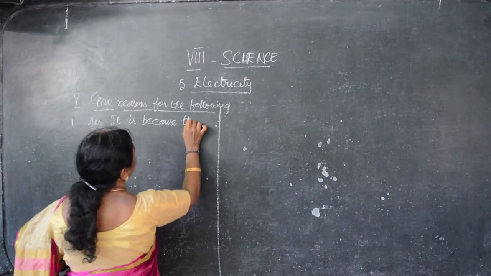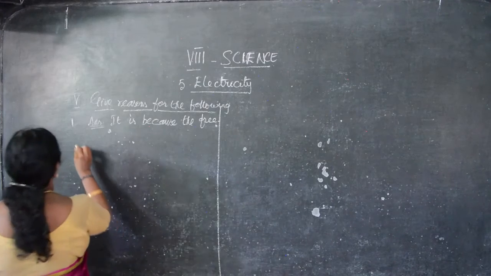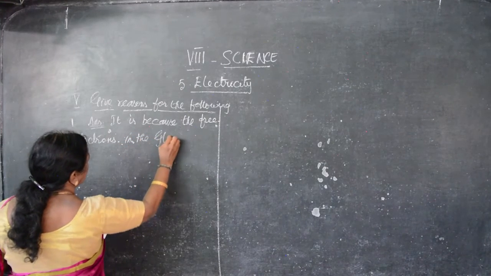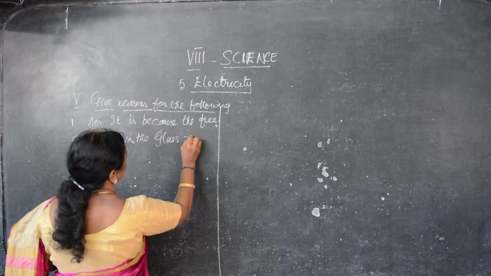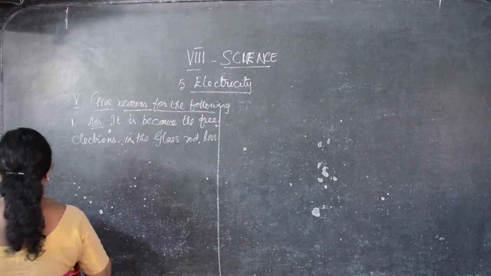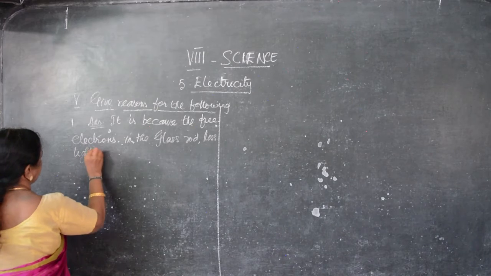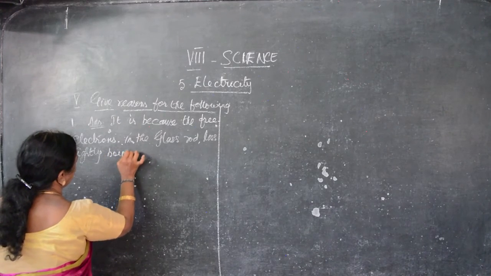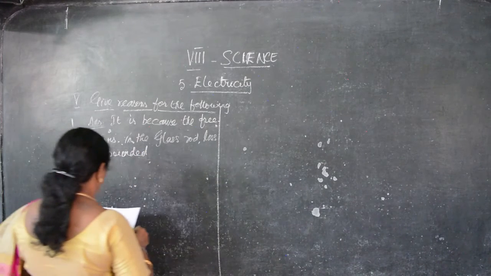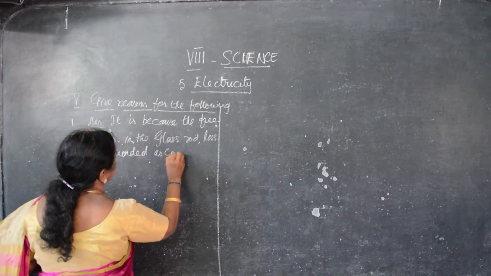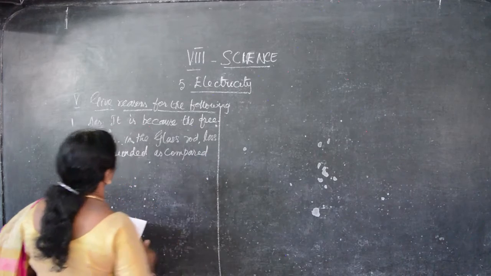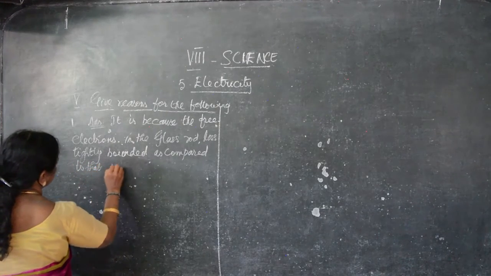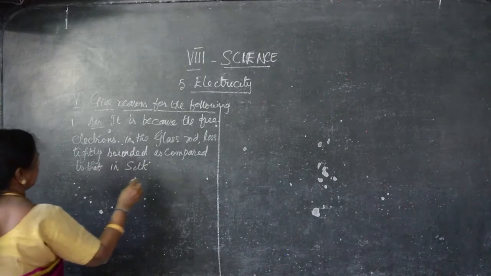It is because the free electrons in the glass rod less tightly bounded, tightly bounded, as compared to that in silk cloth.